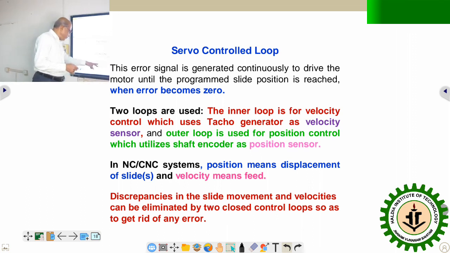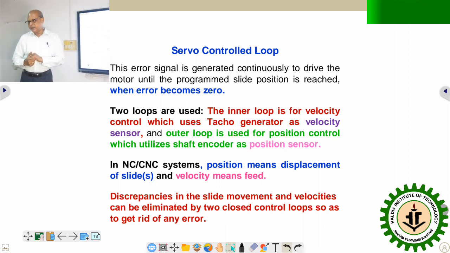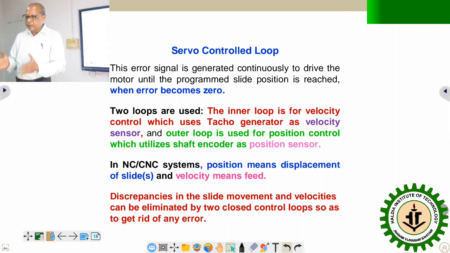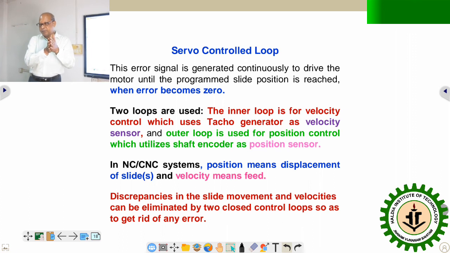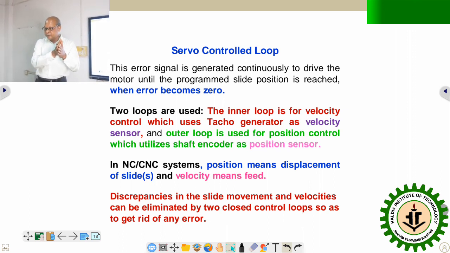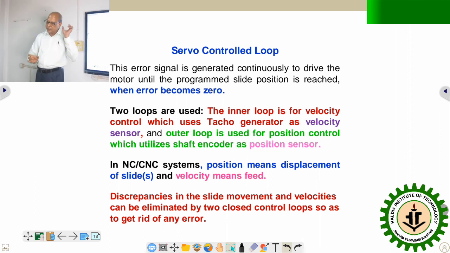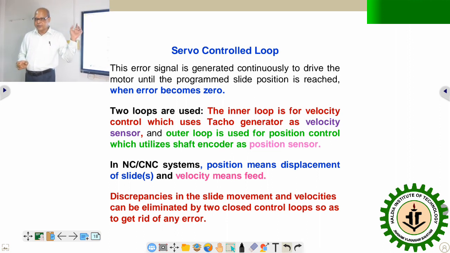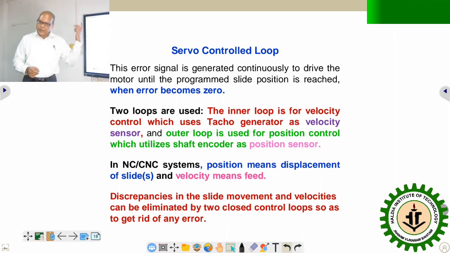So discrepancies in the slide movement and velocities can be eliminated by two closed control loops so as to get rid of any error. So eventually we will get perfect accomplishment of our desired movement of 50 millimeter, whatever may be the program value, and of course following the definite velocity of 0.2 millimeter per revolution, which is incorporated in your program.